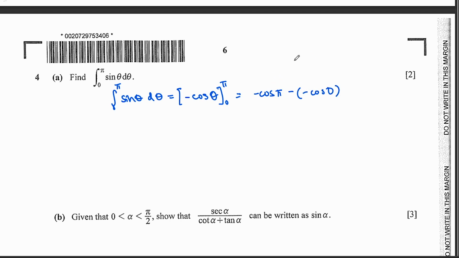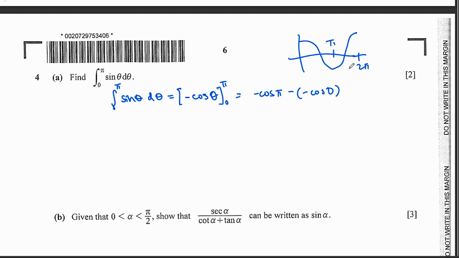In a no-calculator paper, we need to try and recall what the values of these are. And remember, for anything involving trigonometry and calculus, the angles will always be in radians. Okay, so let me sketch out what the cosine graph looks like. This will be 2 pi and this will be pi.